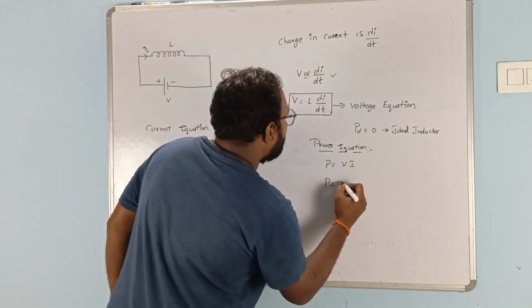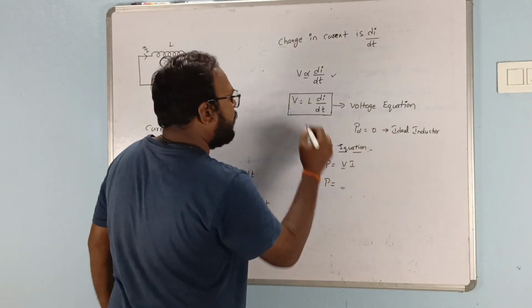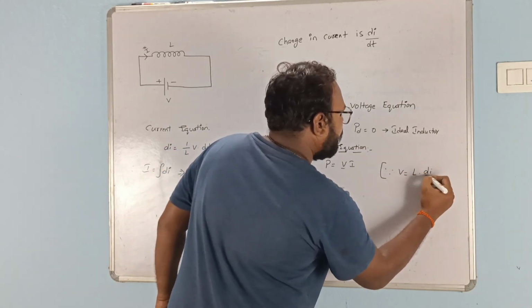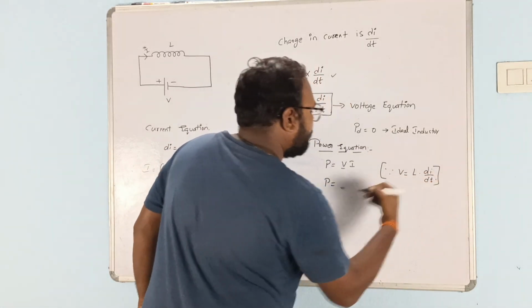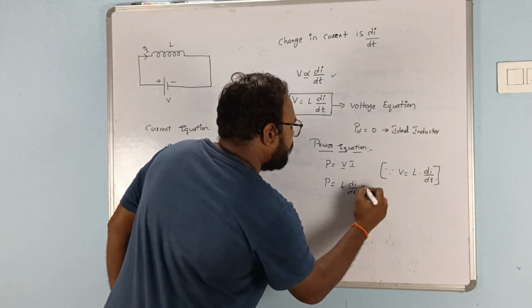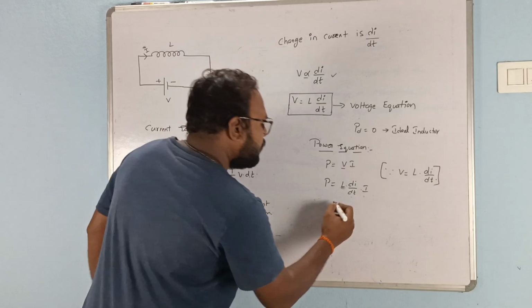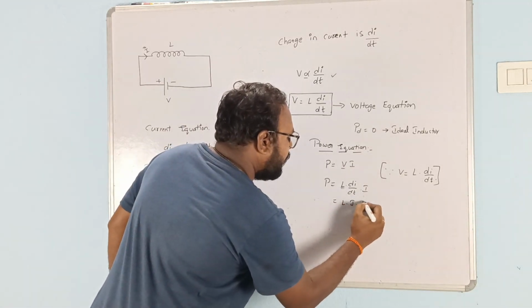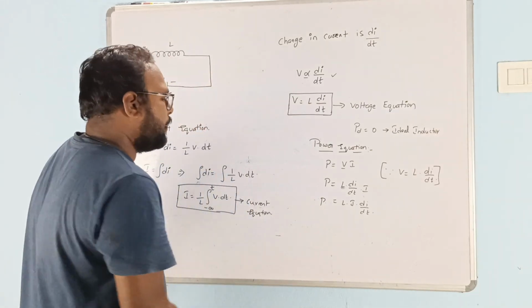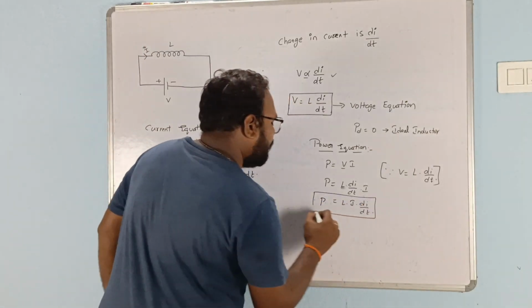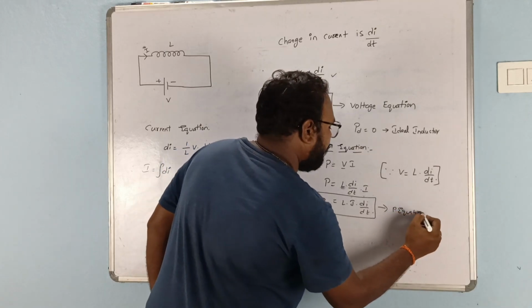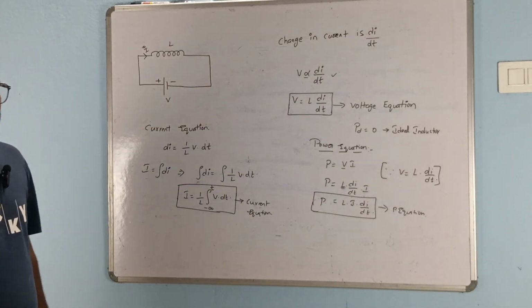So P is equal to L into di by dt into I. Is it correct? So P is equal to L into I into di by dt, which is the power equation.